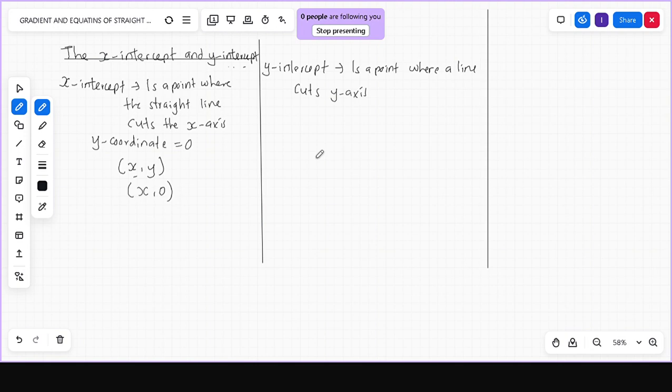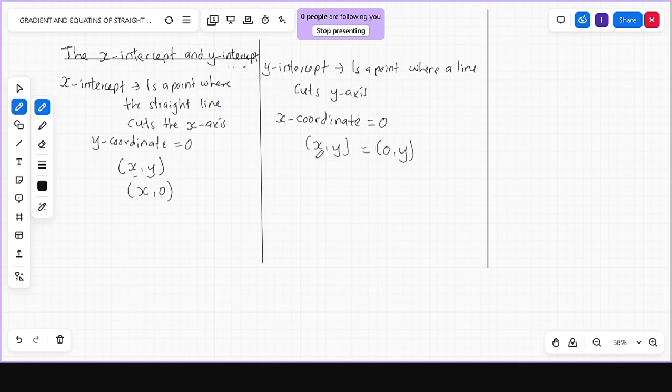So where the line cuts the y-axis, now vice versa of the x-intercept, at the y-intercept the value of x, that is the x-coordinate at this particular point, is always equal to 0. Because the coordinate of a given point is always in the form x comma y, the coordinate at the y-intercept will be in the form 0 comma y.